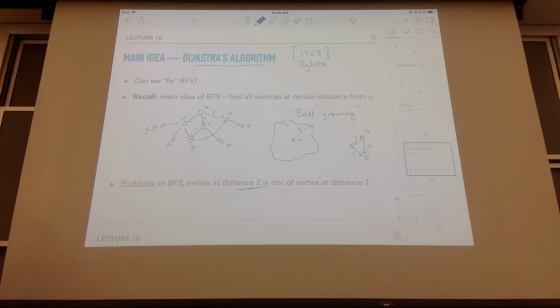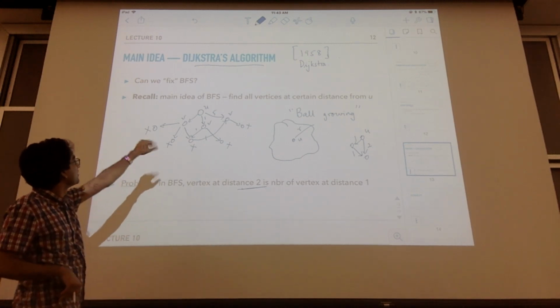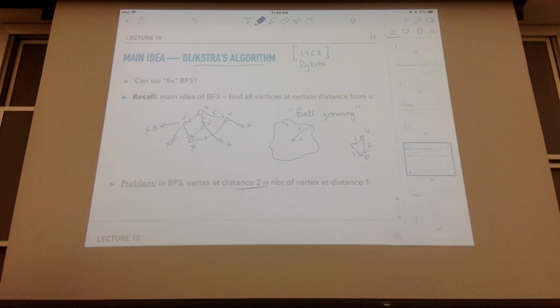So what he's saying is, if you had a picture like this, maybe this was 1, this was 2, and so on, then what you would like to do is first find the vertices that are at the smallest distance from this vertex, which are this vertex and this vertex.